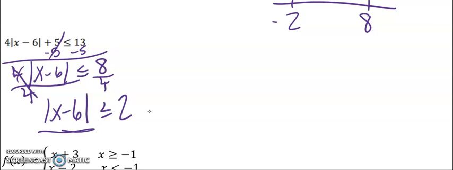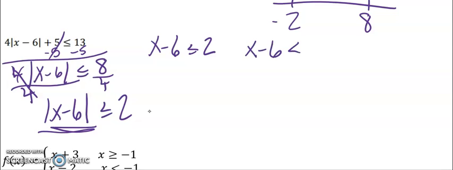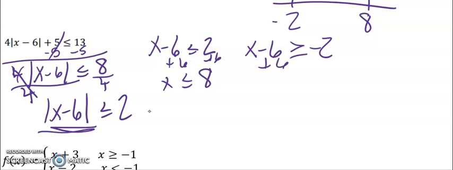So once you get the absolute value alone, set it up like it is, and then set it to the negative by flipping the sign and changing the solution to the opposite sign. Solve both of them, and you are doing the same operations each time.